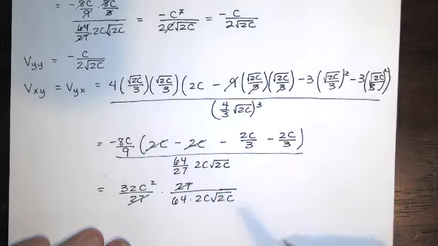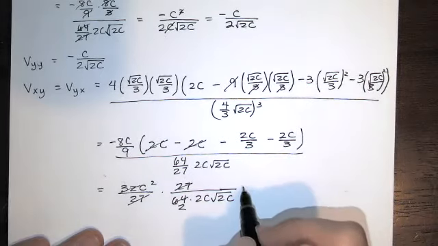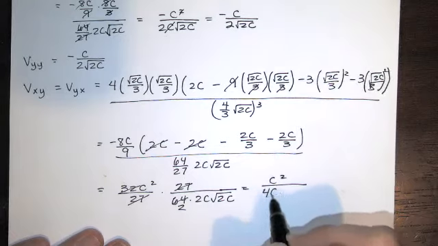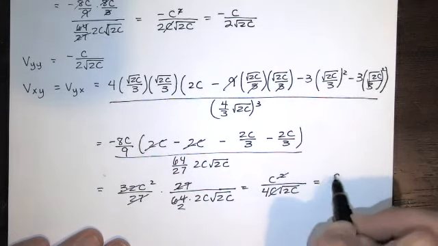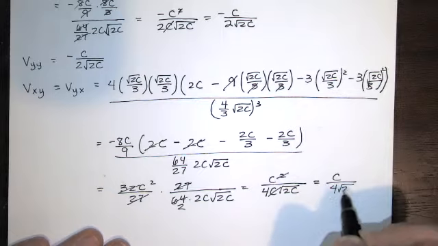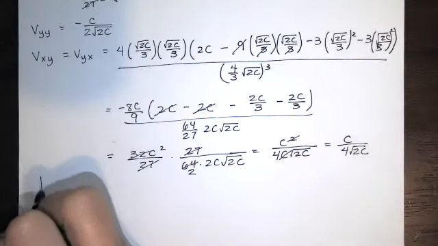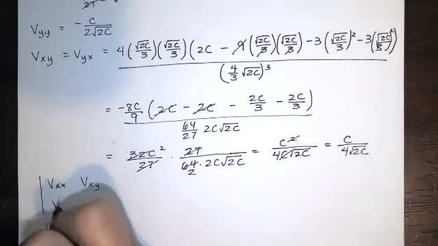The 27's reduce. 32 goes into 64 twice. So we end up with c squared over 4 times c times the square root of 2c. One of those c's will reduce. So we have c over 4 times the square root of 2c. Oh, all of that to get to the point where we could take the determinant of this matrix at our critical point.